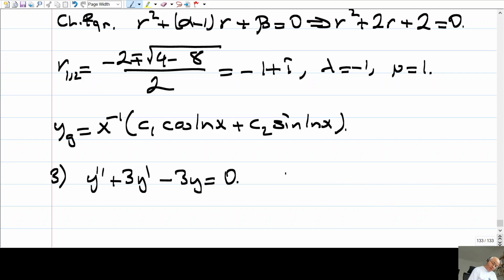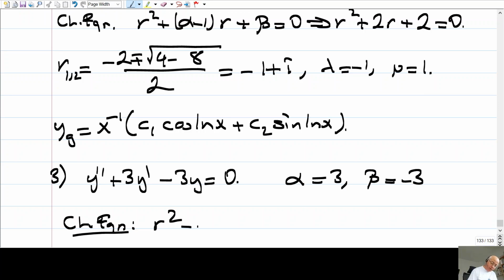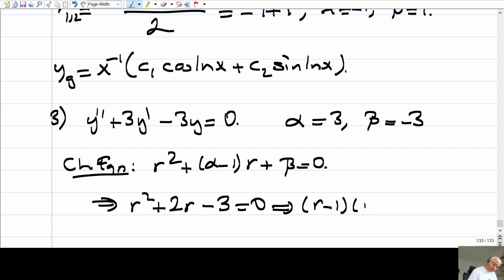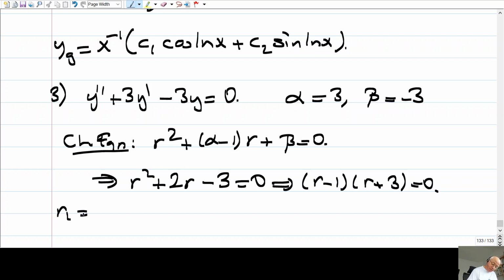All right. So what is the characteristic equation? Here alpha is 3 and beta is minus 3. So we have r squared plus alpha minus 1 r plus beta, and from this we get r squared plus 2r minus 3, which gives us r minus 1 times r plus 3. So r1 is 1 and r2 is minus 3.